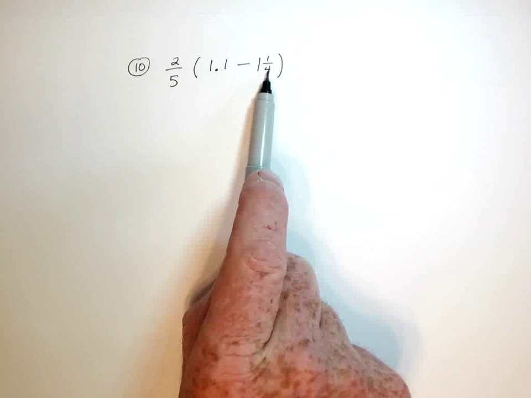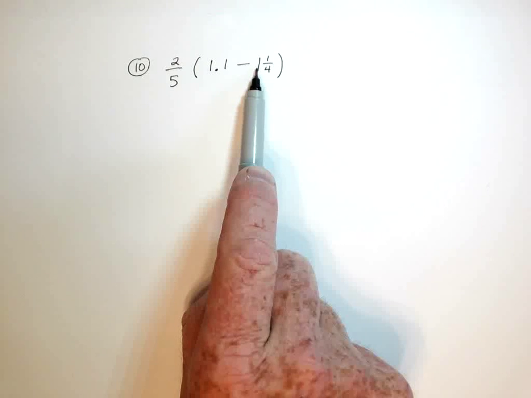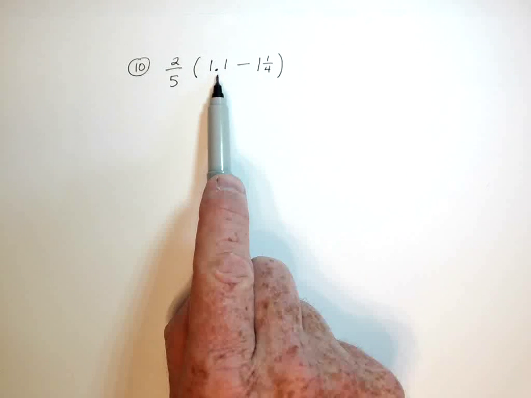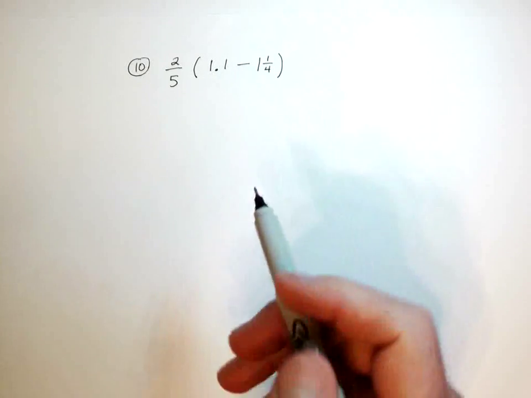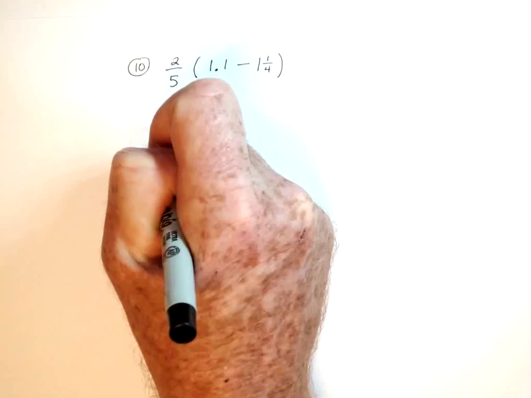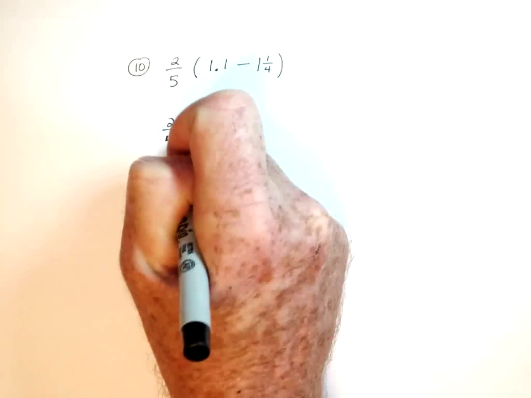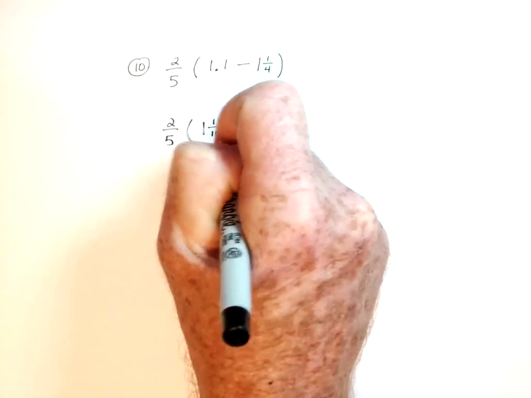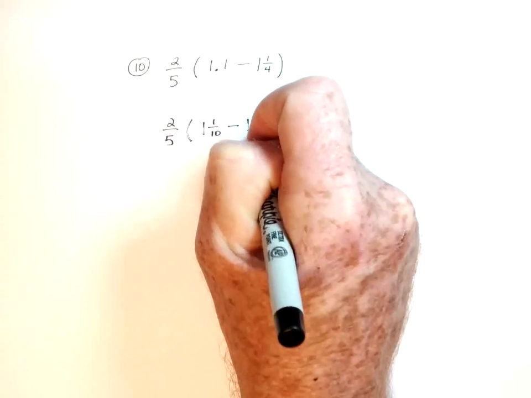It would be multiply 4, and then add 1, it's 5/4. This means 1 1/10. I think I'm going to use fractions. So this one would be 1 1/10 minus 1 1/4.